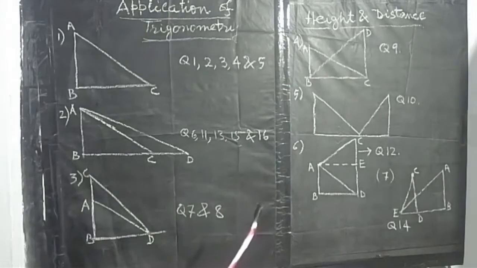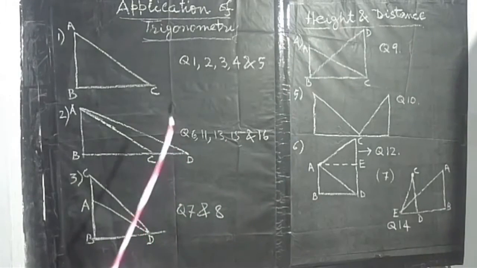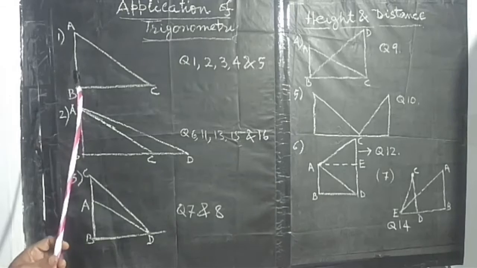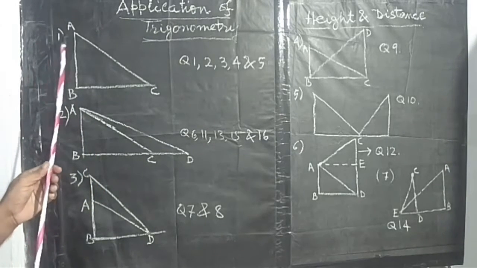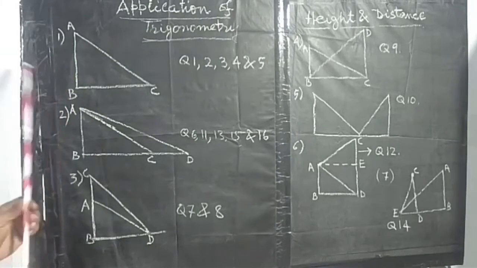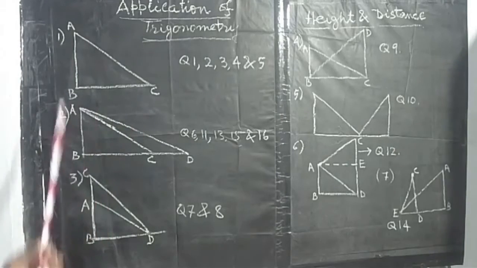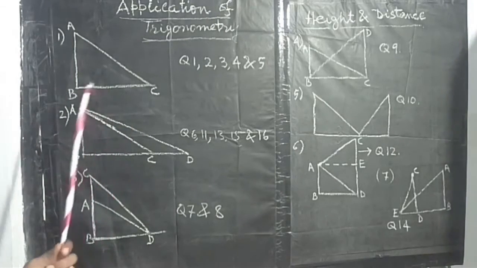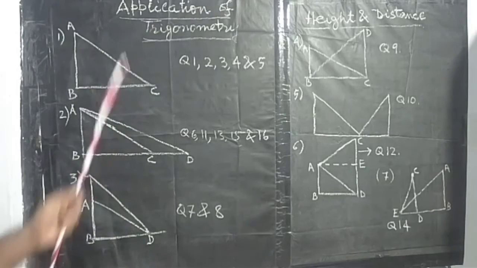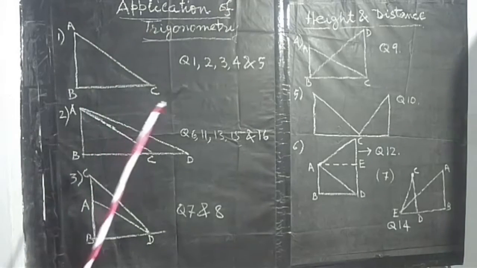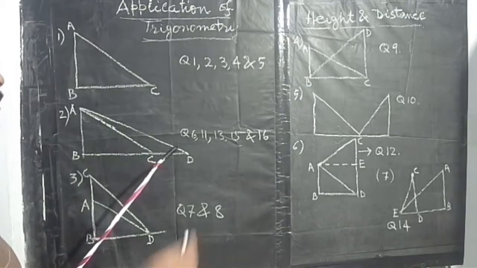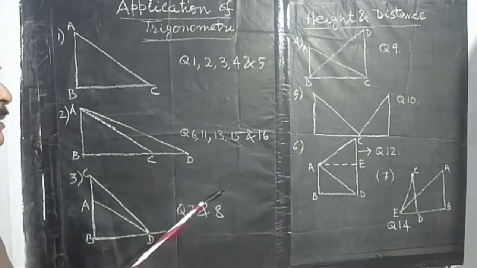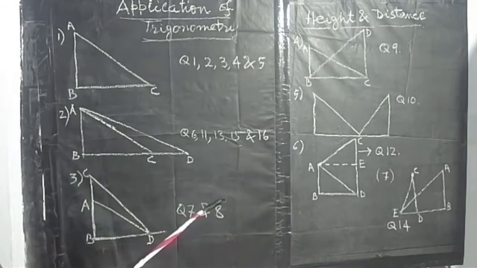Here in this diagram, you can say AB is the height and BC is the distance. Basically, when we are talking about application of trigonometry, some basic trigonometrical concepts we must make use of here.